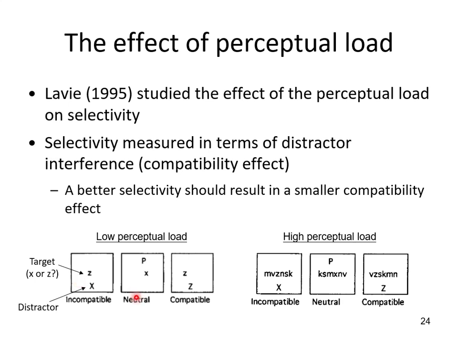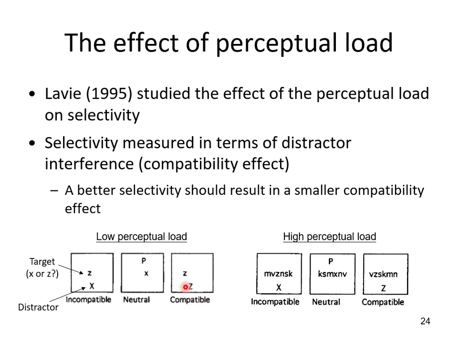Another type of distractor is neutral. It's a P, it's not a target. However, P does not associate with any task relevant response. It is not an X, nor is it a Z. So it's probably not going to interfere with you so much. The third type is the compatible distractor.